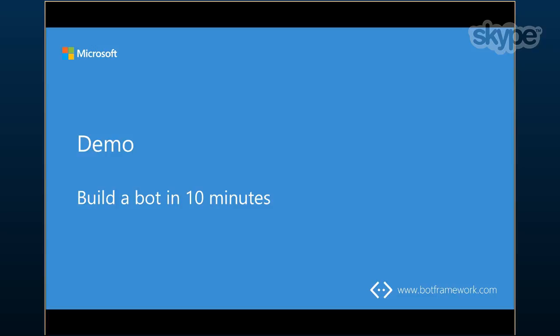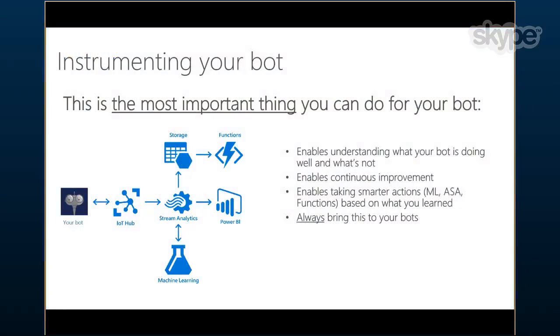Okay. All right. So at this point, one additional thing to talk about. So this is obviously a relatively simple bot. It's calling out to a stock service, it's getting a value, it's displaying that to the user. But in most cases, when you're building a bot, you want to understand how people are using your bot, how people are interacting with your bot, how far down the conversation channel people are going with your bot.